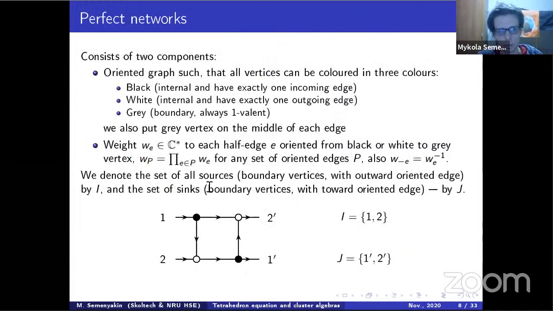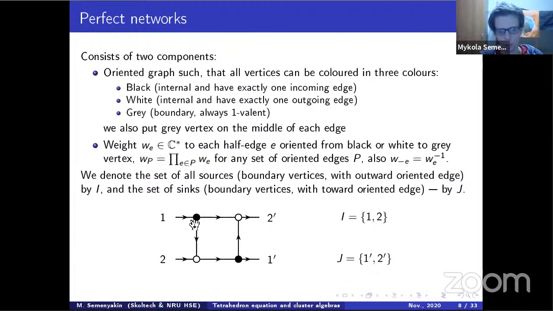Okay, if no questions, we go to perfect networks. And a perfect network is a simple thing. This is some graph, in our case, on a plane or on a disk, and it's better to think of a disk. And this graph has two kinds of vertices, black and white, and this is an oriented graph.